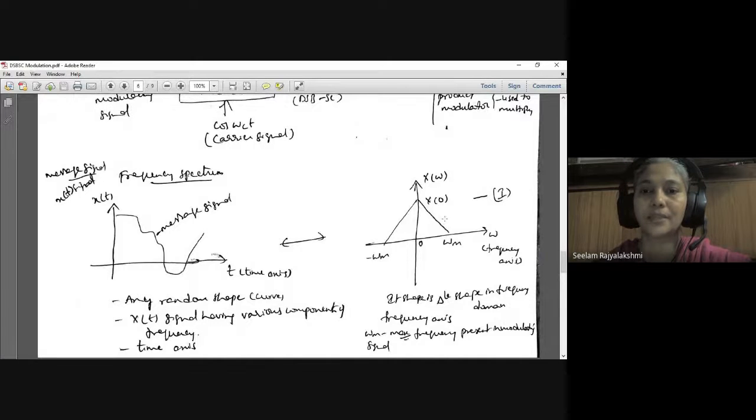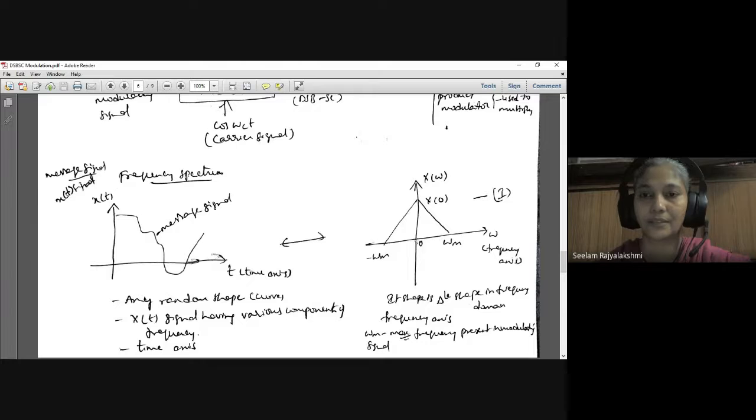Now let us see the frequency spectrum of the message signal. Here this is the frequency axis, omega, whereas before we had the time axis. Here this is the origin O, and from O to here we have omega m, and from O to the other side again the distance is omega m.